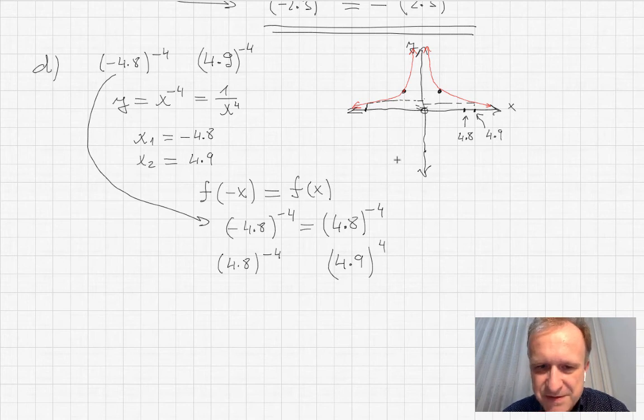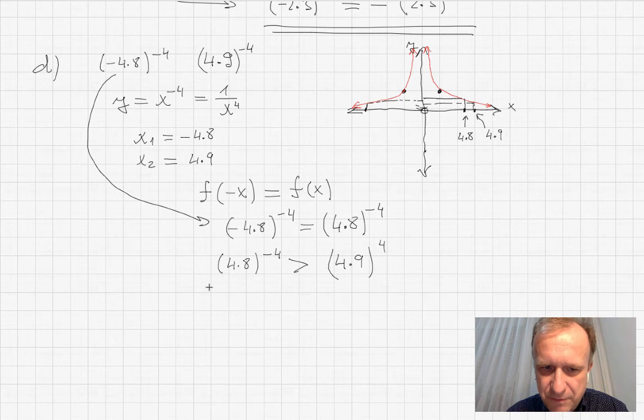Okay, and since the function, as you may know, is decreasing in this quadrant, you may assert with certainty that this function value for 4.8 is greater than this function value, because the function is decreasing. So here I get more than here.